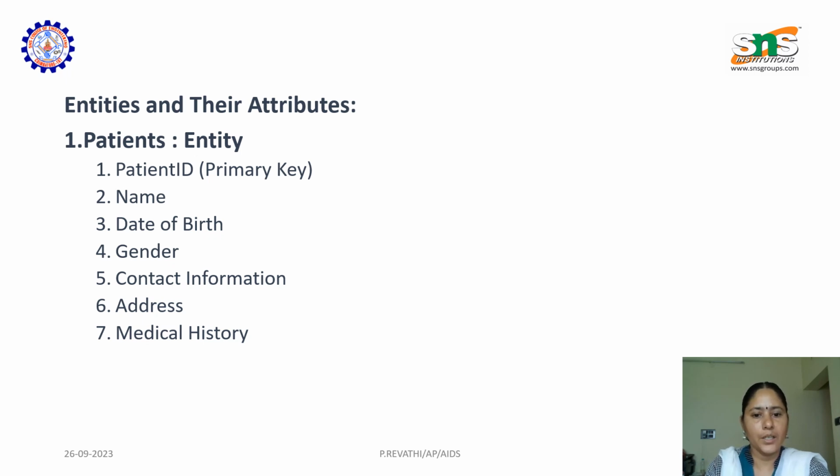Patient ID, name, date of birth, gender, contact information, address, medical history are called attributes. Patient ID is a primary key.